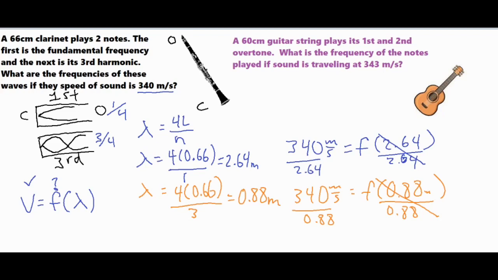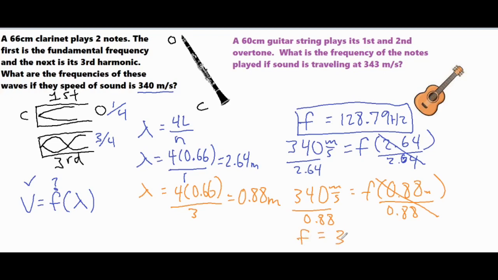For the first harmonic, the frequency is going to come out to be 128.79 hertz. And then for the third harmonic, the frequency is going to come out to 386.36 hertz.